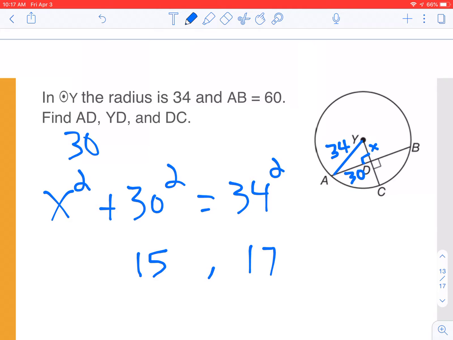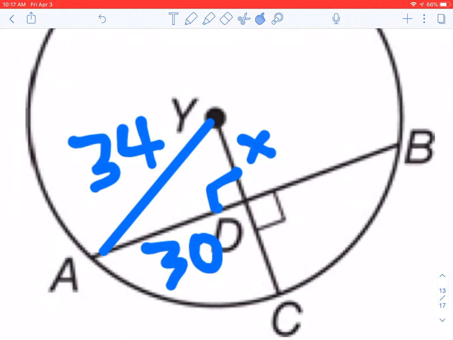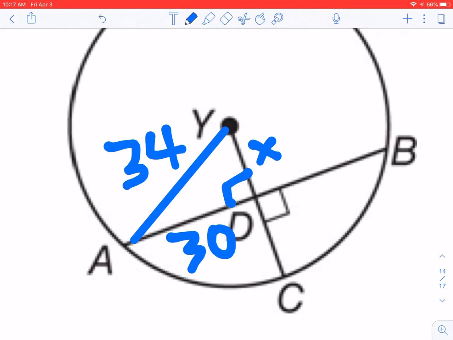So x will equal, so that's an 8, 15, 17. 8 times 2, 16. X will equal 16. And if you guys want to do Pythagorean theorem, you can. I'm not going to bother doing it right now. That's 16. So YD equals 16.